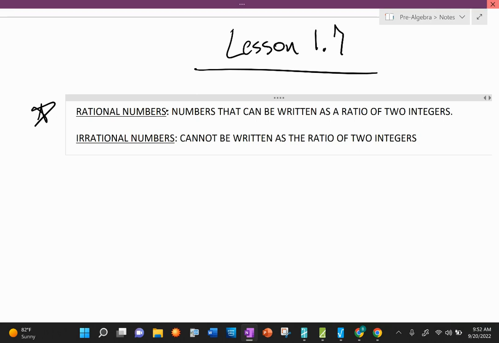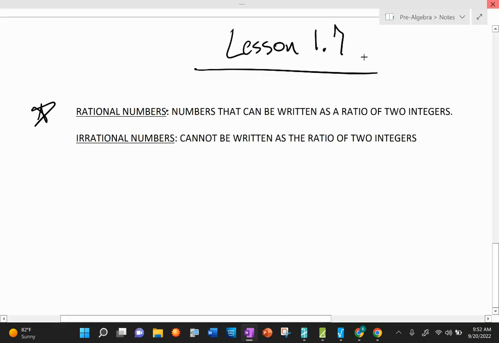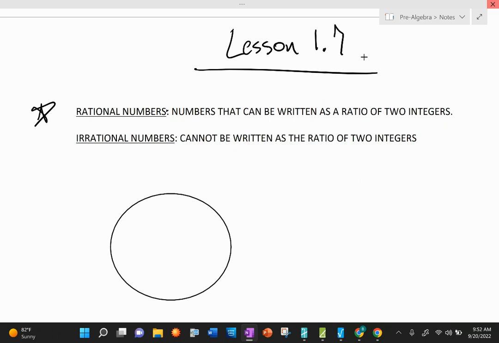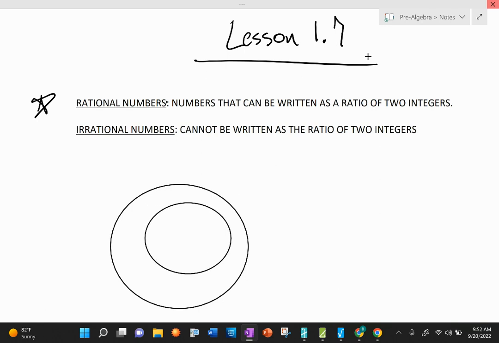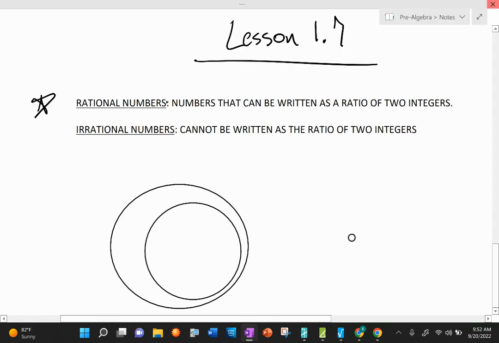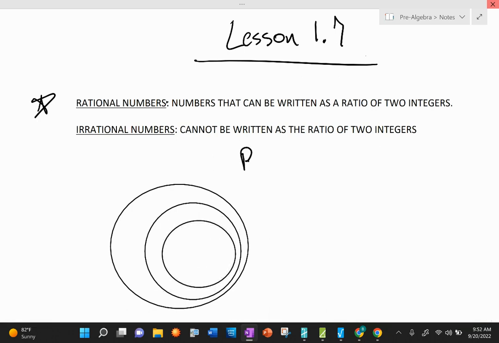Okay. So let's take a look at what this is going to look like. Okay, so what we're looking at right here are going to be real numbers.